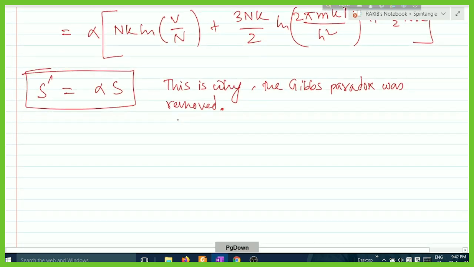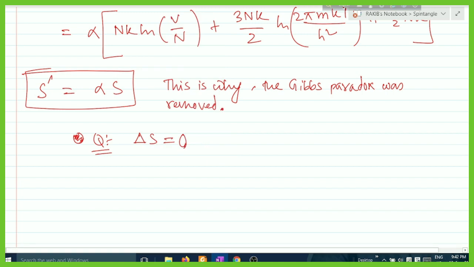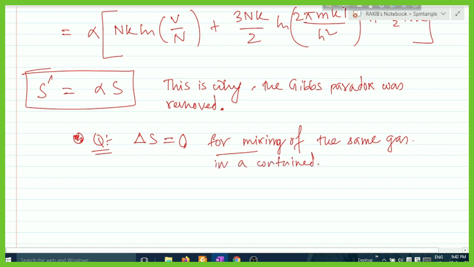You may check this thing out. I am giving a homework to you. The actual Gibbs problem was that delta S should be 0 for mixing of the same gas in a container, which we did in our previous class.